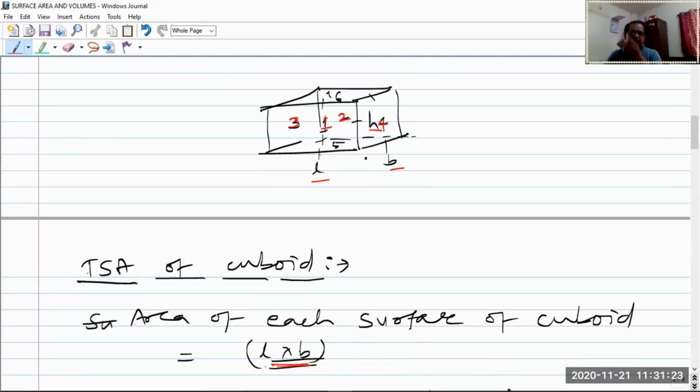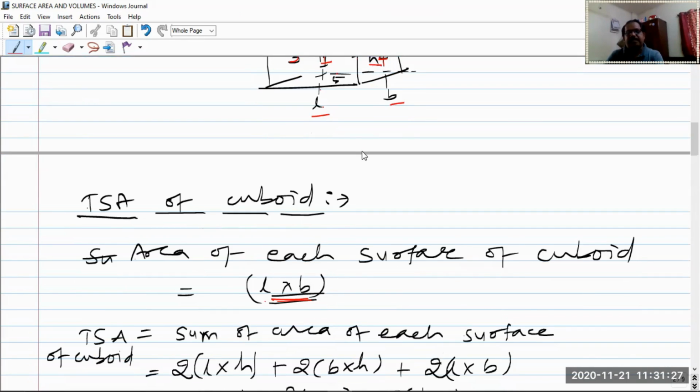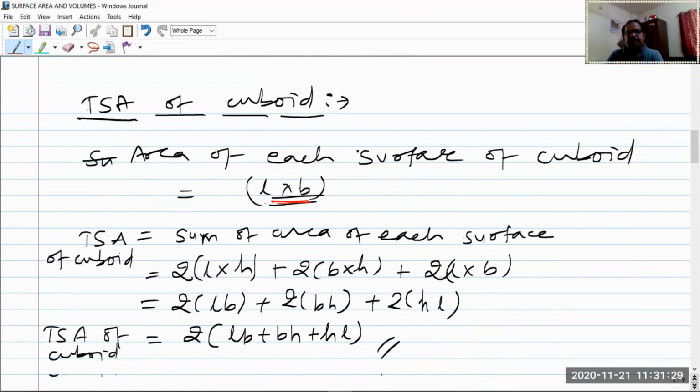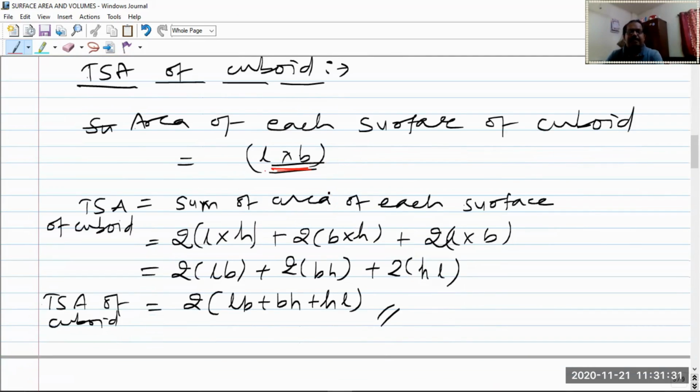So in this way we can add the areas of these surfaces having different dimensions. Since the top and bottom have the same area, the left and right surfaces have the same area, and the front and back surfaces have the same area.